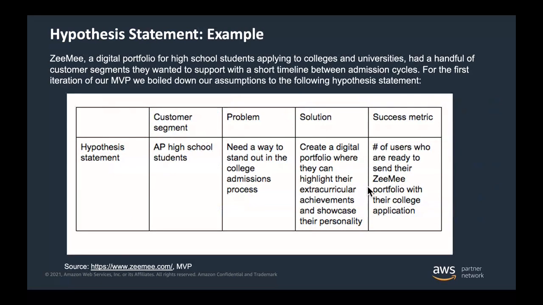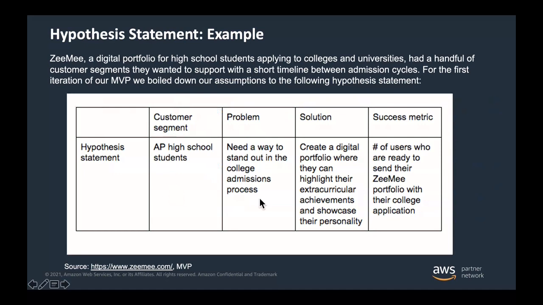If you put this whole idea of a hypothesis statement into application, there is a recent example, and I'm sure you could find many others online. Think of Zimi, a digital portfolio that helps high school students apply to colleges and universities. Their customer segment is high school students.